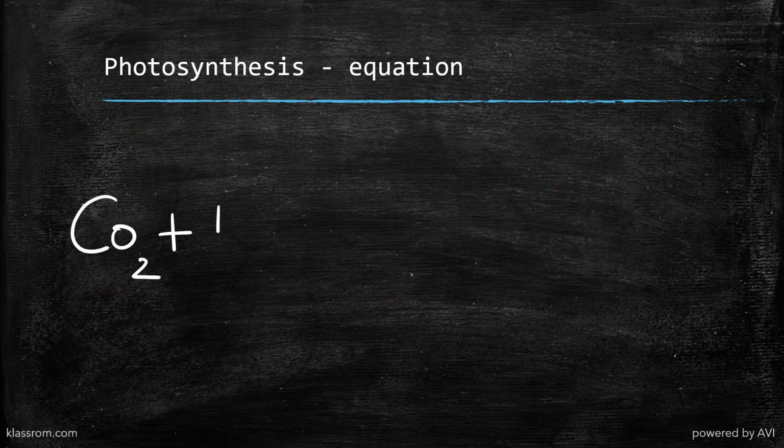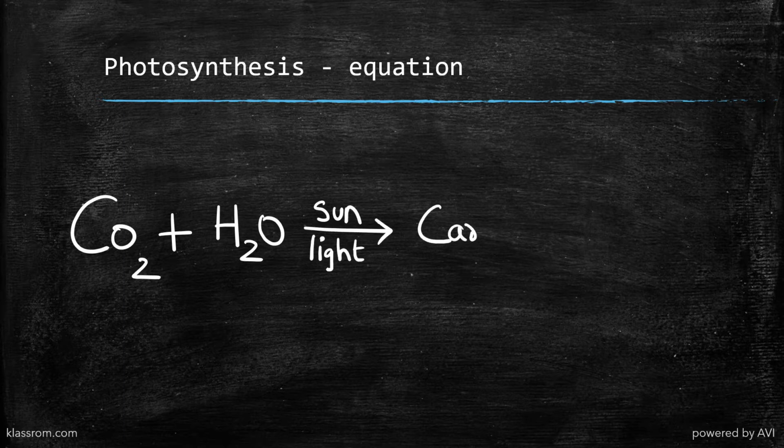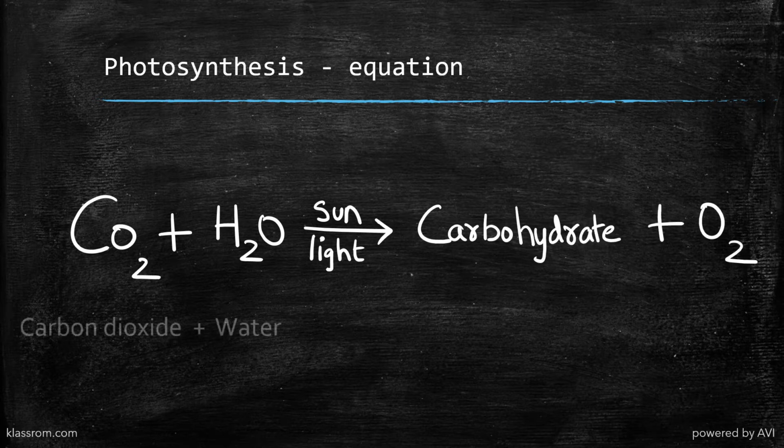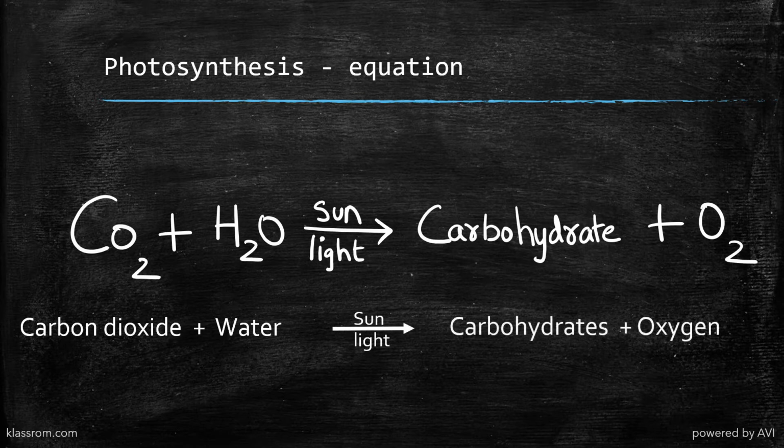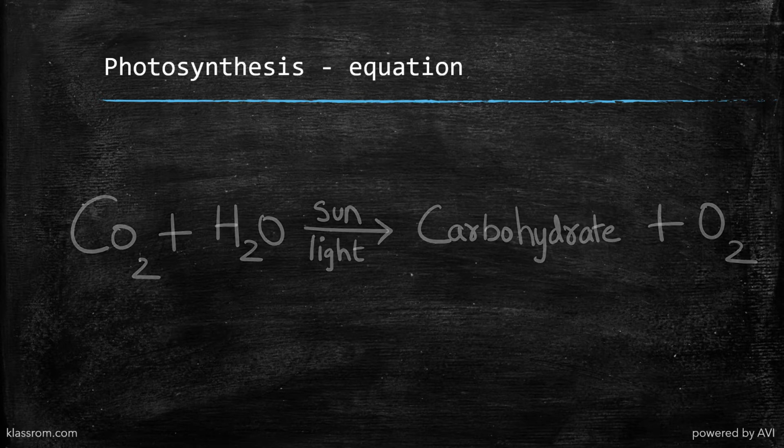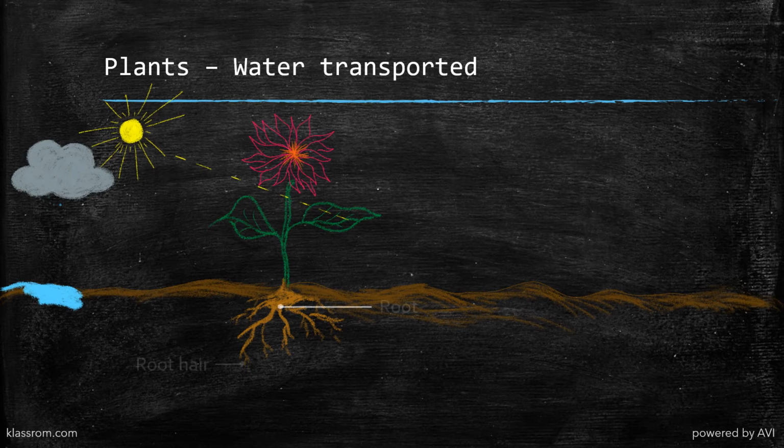The photosynthesis process we just discussed can be represented in a simple equation as shown here. Water in the soil is picked up via the root hairs.